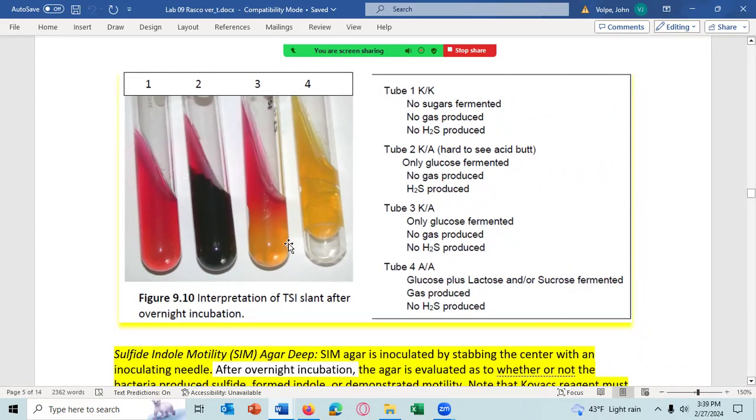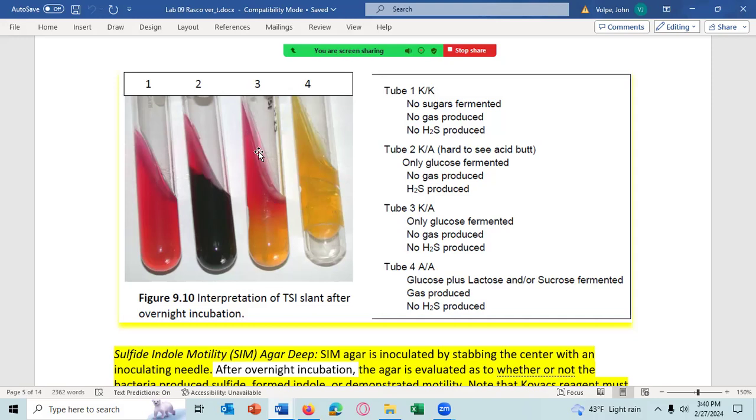For tube 3, we only have yellow in the butt. The slant is red, so we know that glucose is the only sugar that's being fermented. The glucose was all fermented in the slant, and if we had looked at it earlier, it would have been yellow. But then the bacteria starts metabolizing the protein, making ammonia.